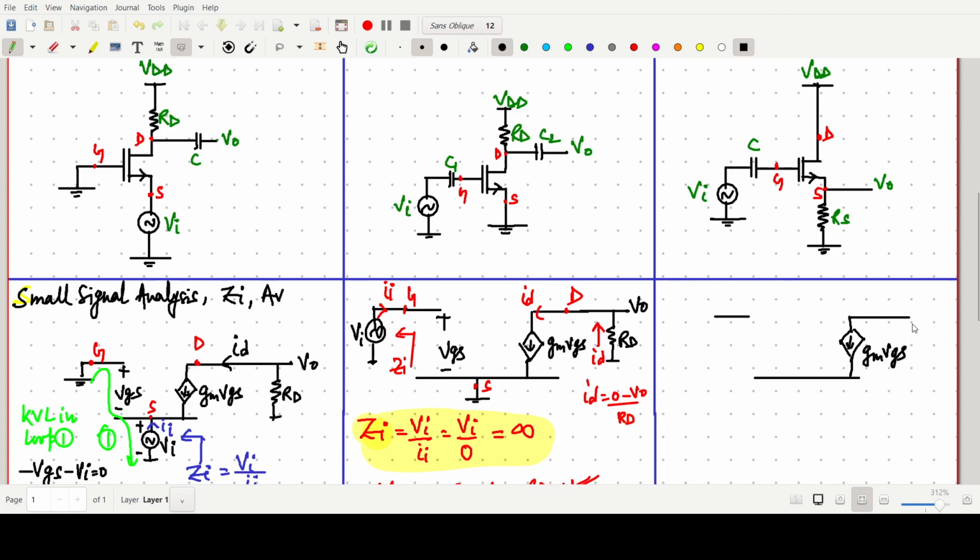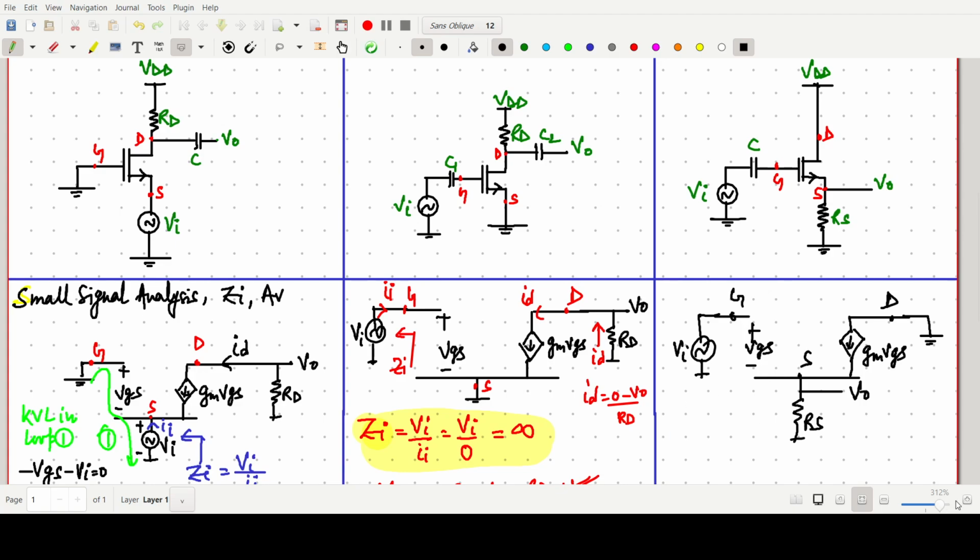gm VGS, this will be the drain side, so it is connected. So this one is our drain, this one is our gate, and this voltage across the capacitor is VGS. And this will be the Vi and RS. And we are taking output across the source terminal, that is our source side.